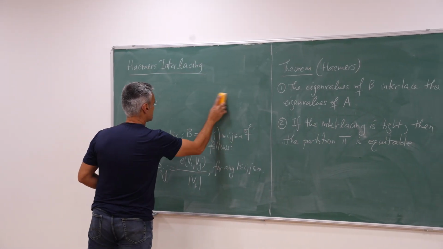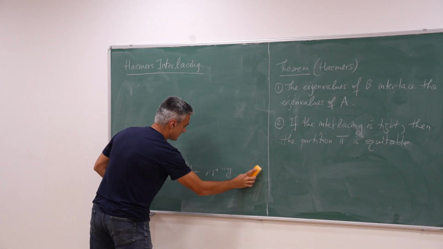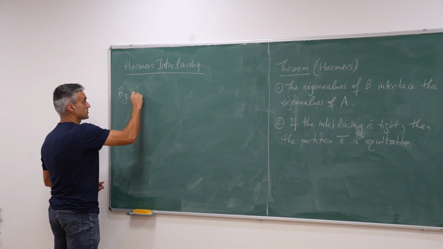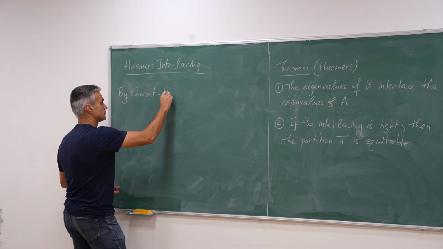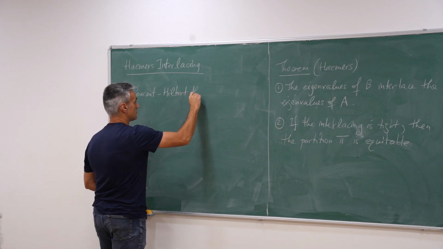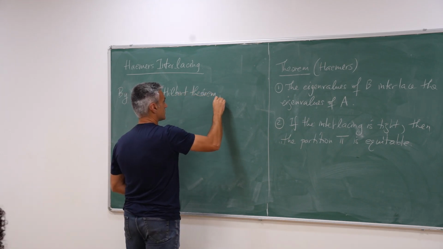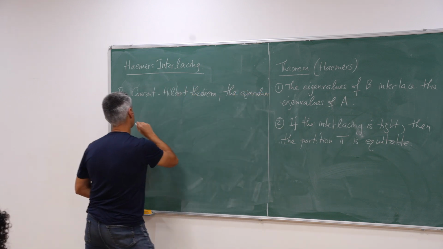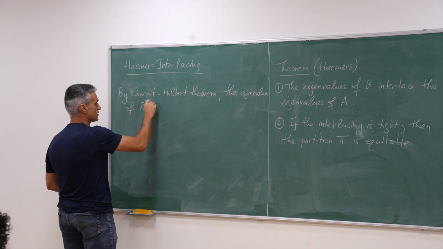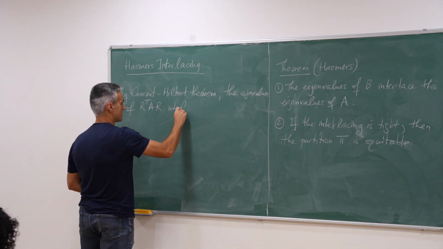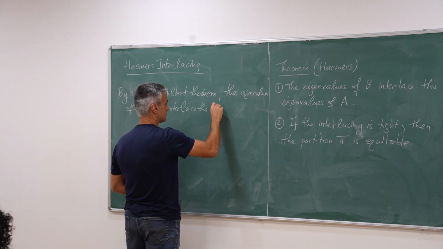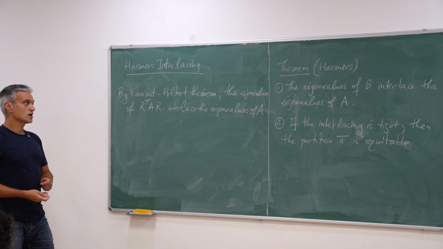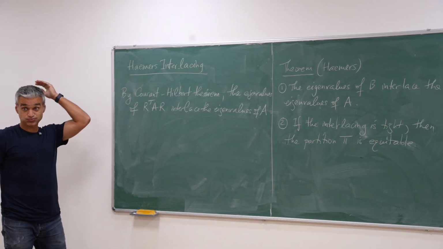We have our matrix A. So we can just say, by the Courant-Hilbert theorem, the eigenvalues of R transpose AR interlace the eigenvalues of A. Now this R transpose AR, we don't know what it is.